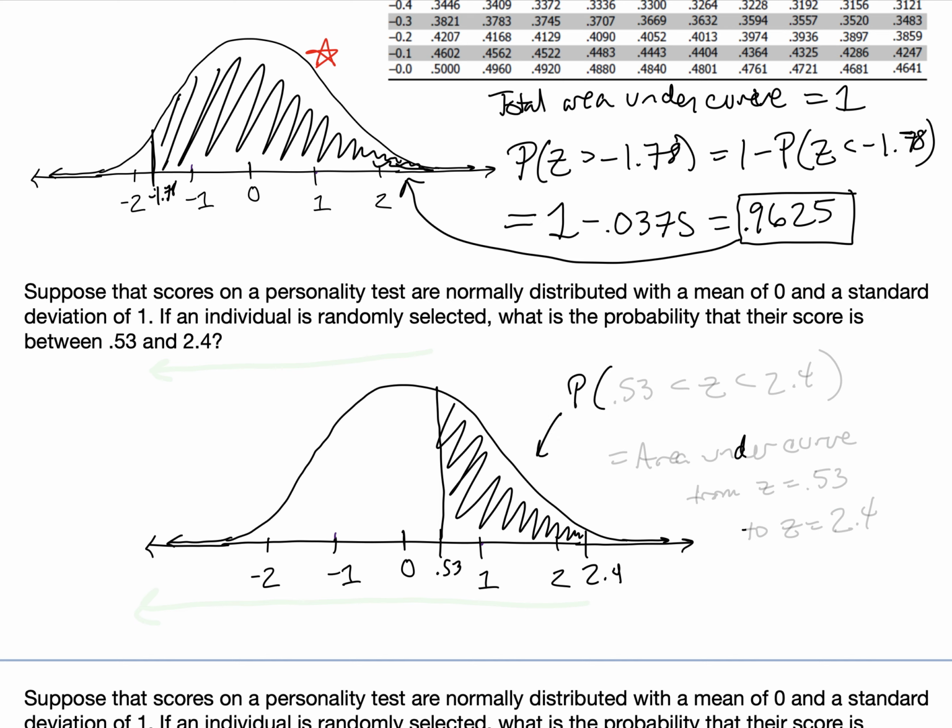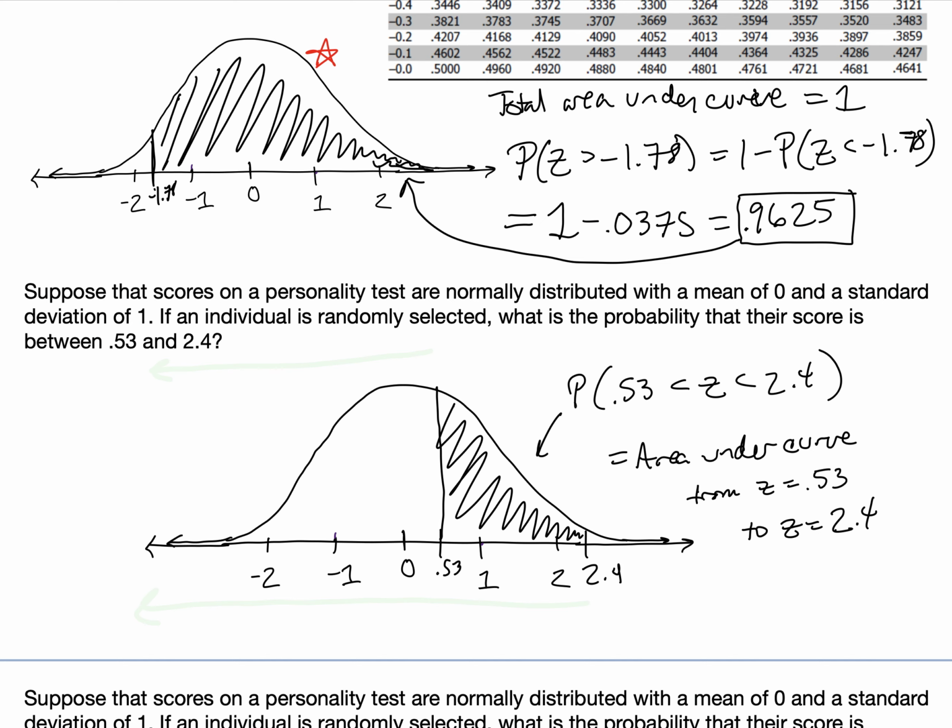This is the probability that 0.53 is less than z, which is less than 2.4. And again, this is equal to the area under the curve of the probability distribution from z equals 0.53 to z equals 2.4. So we're looking for that probability.